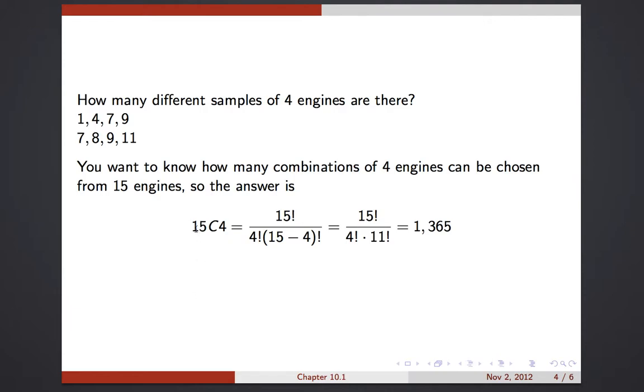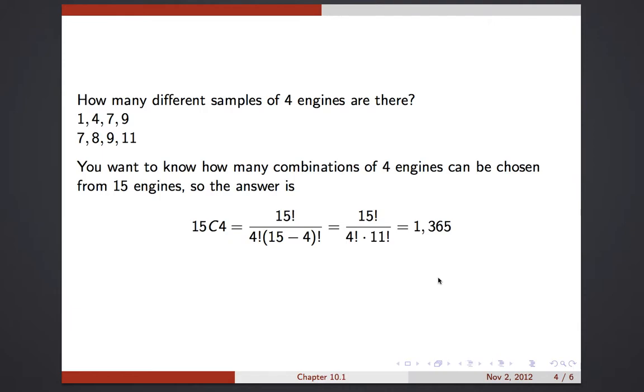So I'm choosing 4 from 15. And here's the formula for that. I just plugged in the 2 numbers. You take the total number you care about factorial, divided by the number you're interested in, 4 factorial, times the factorial of the difference of the 2. And what comes out the other end is 1365.